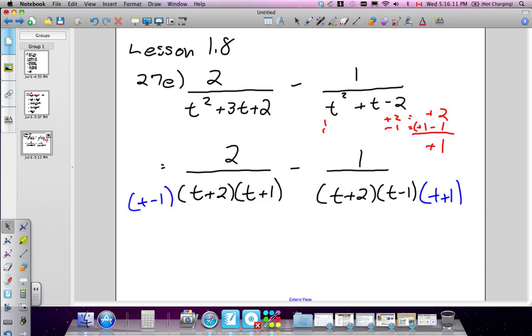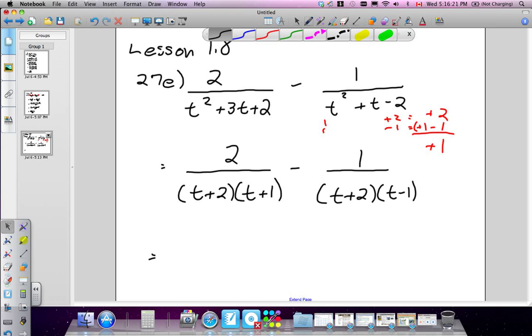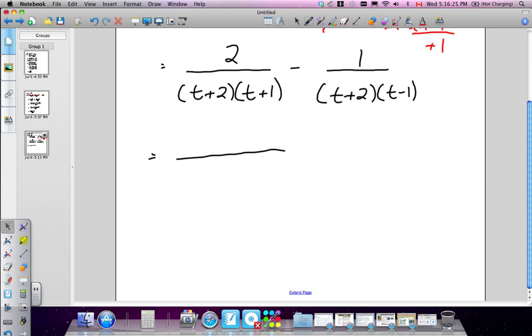So we're going to multiply the bottom by t minus 1, and we're still keeping the old ones, t plus 2, t plus 1. Only difference is now I'm doing 2 times t minus 1. I have to make sure I do it to the top also. Does that make sense? Okay.